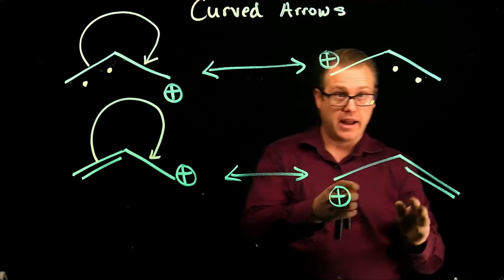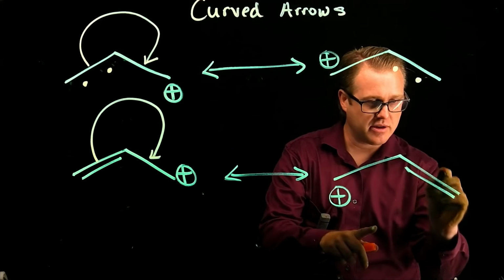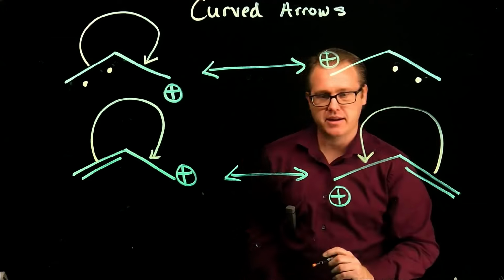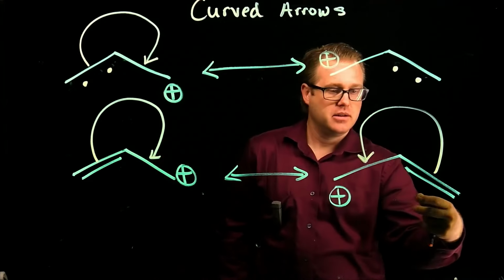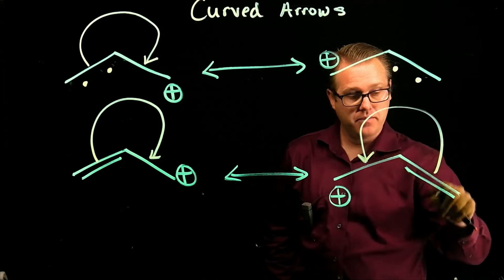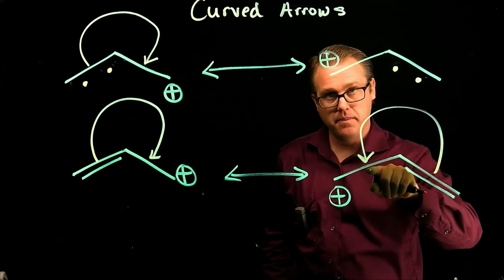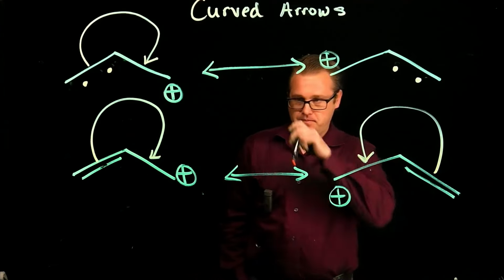Now, we could draw a curved arrow for this guy. We could say, hey, these electrons right here, draw the center to the center, like so. And we go back over here. So this orange arrow says these pi electrons right there are going to move over here, which they did. Then you have that.